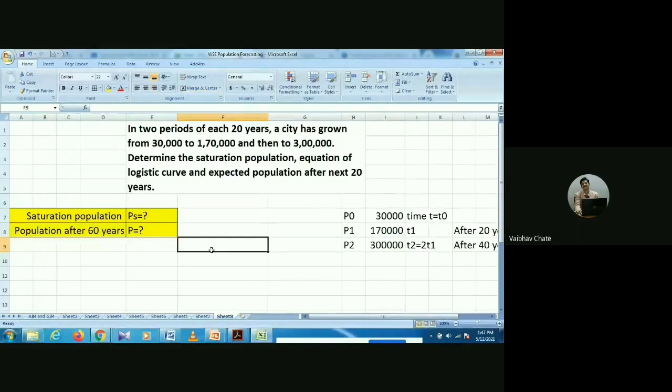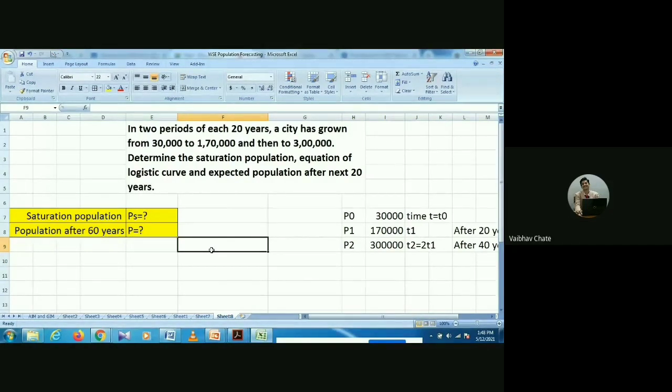So you have been asked to find out the saturation population. That means if the city grows like this, what will be the maximum population that can be accommodated in this particular city? That is the purpose for which the logistic curve method was introduced. Now let me say this is the saturation population, which might take 100 years to attain.